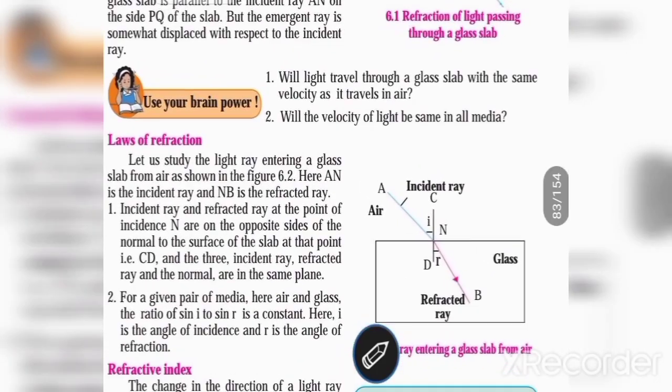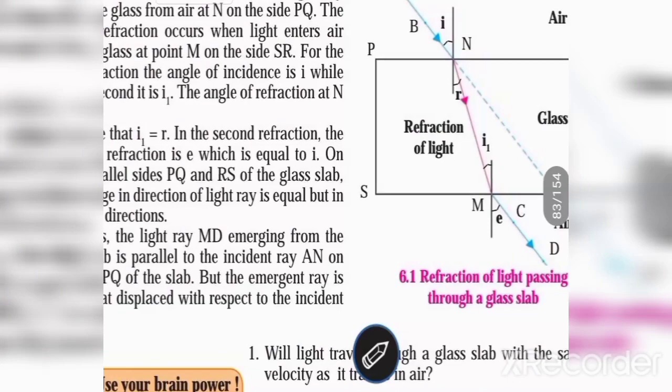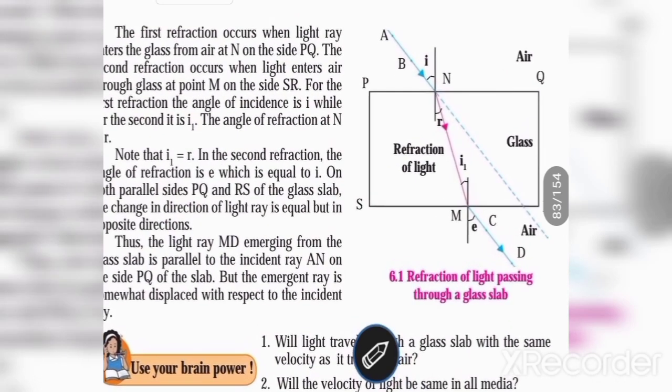Here is the diagram. We already read the different points about this diagram. Today we have to discuss what is meant by these rays. Here different types of rays are given.